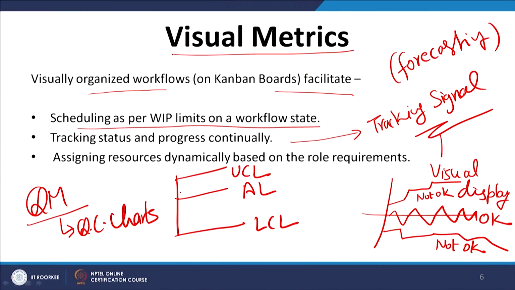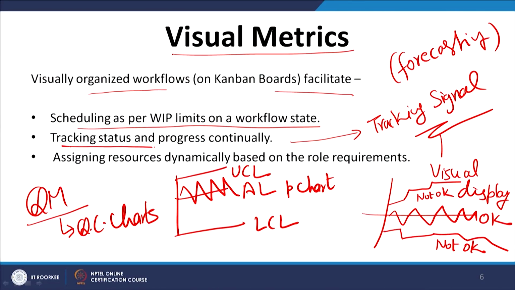Similarly, in case of quality control charts, let us say it is a P chart. If you are plotting the values of P on this QC chart, and these values are random, you are happy that okay, the system is performing well.